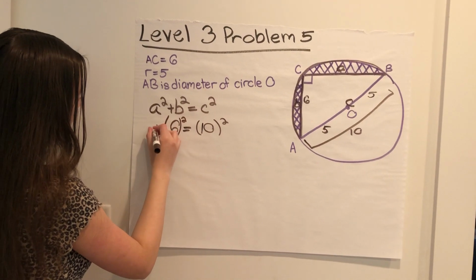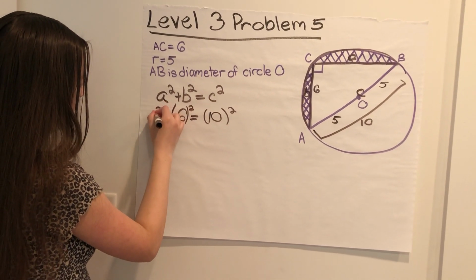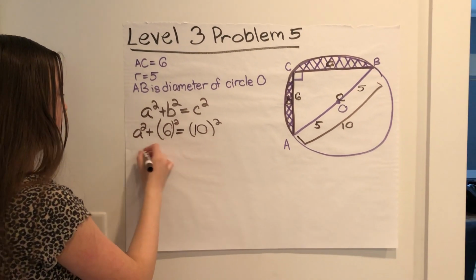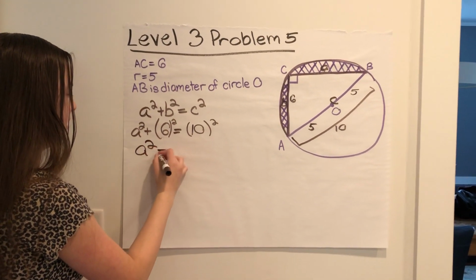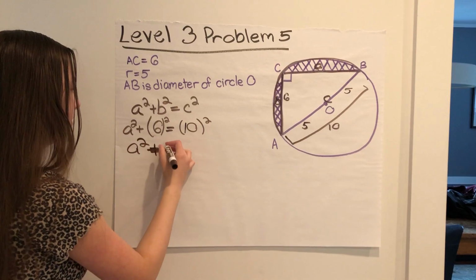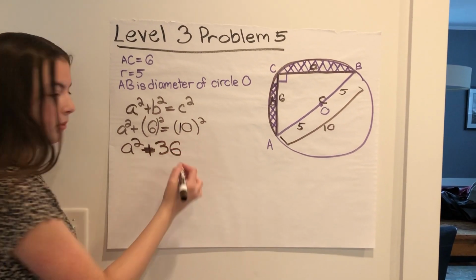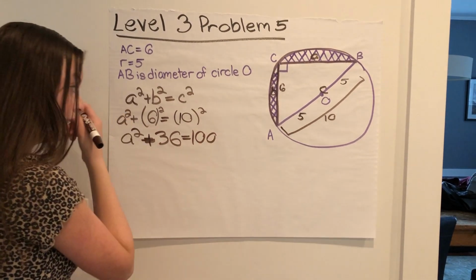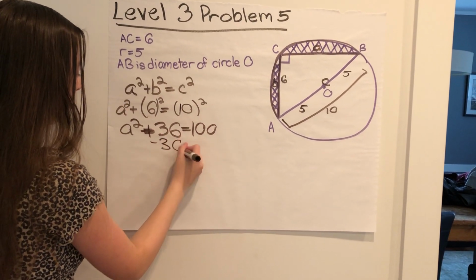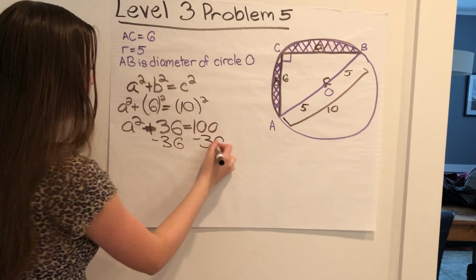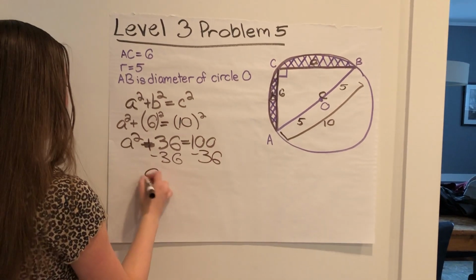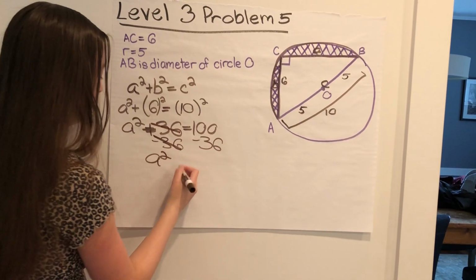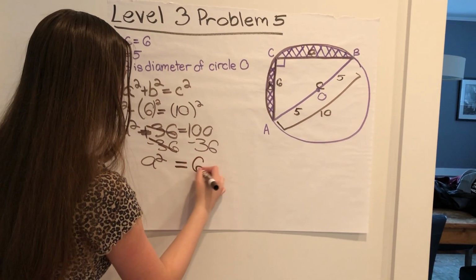And then we do not know A. So we want to isolate the variable A. Let's start by taking this as A squared plus 36, because 6 squared is 36, is equal to 100. Then I subtract 36 from both sides, because it's an equation. Whatever you do to one side, you have to do to the other. And I end up, cross these out, 100 minus 36 is 64.